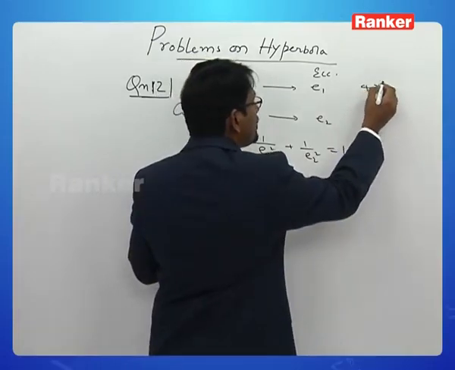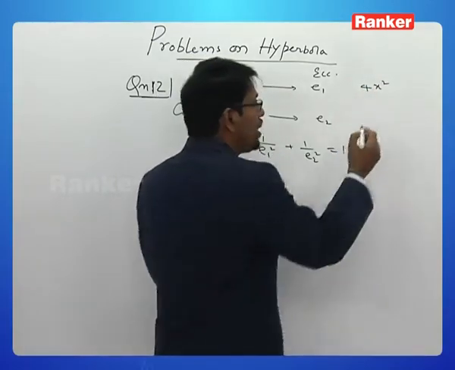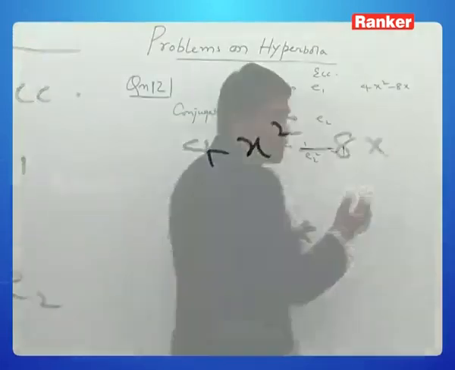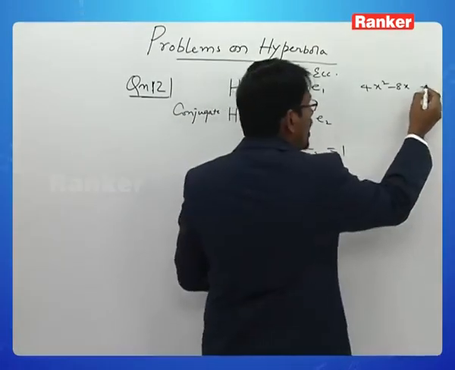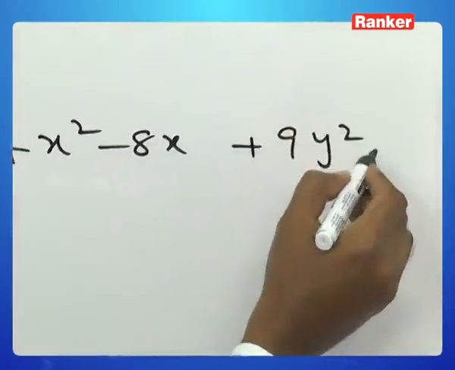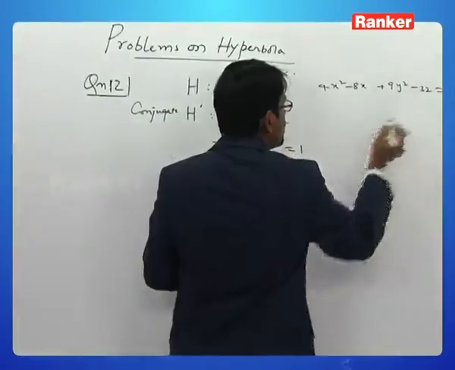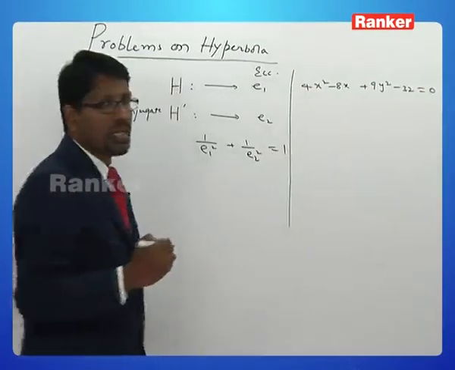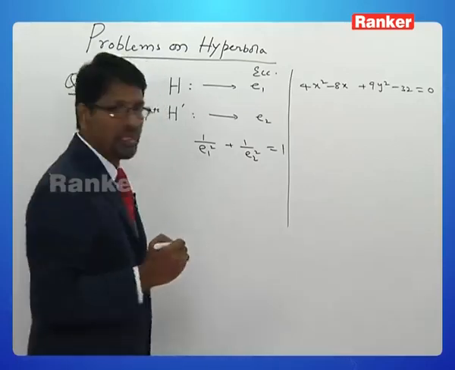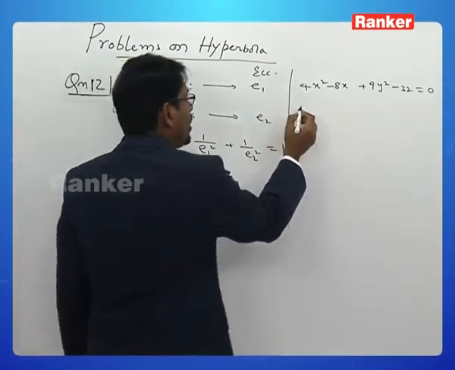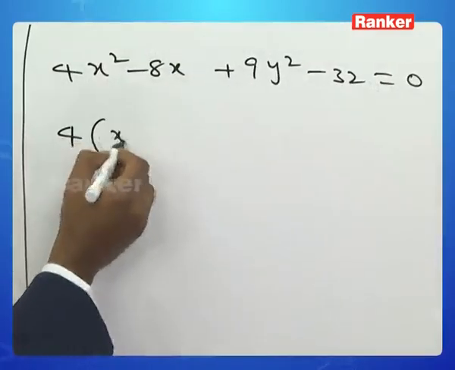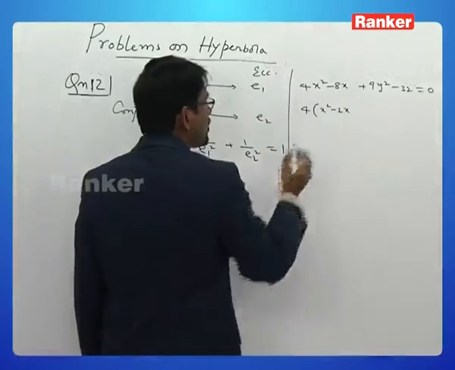4x square minus 8x minus 9y square minus 32 is equal to 0. Let us write this in the standard form. We'll take out a 4 common, and we'll have x square minus 2x.